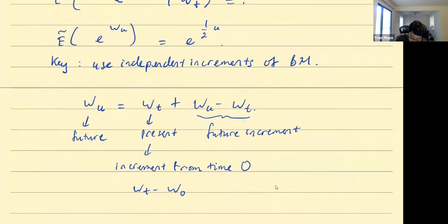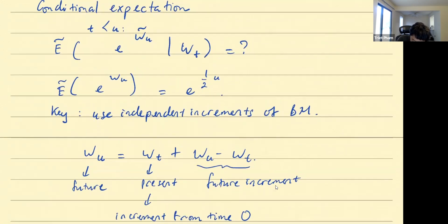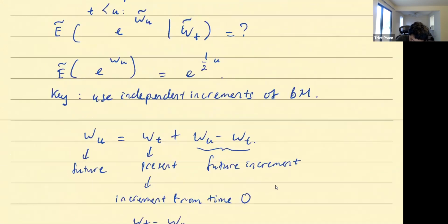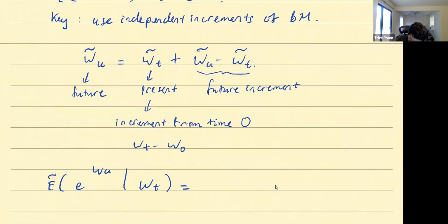So in this kind of calculation, you do the expectation of e to the W tilde u, conditioned on W tilde t, there I do tilde, I forgot the tilde. So this will be the expectation of e to the W tilde t plus W tilde u minus W tilde t.